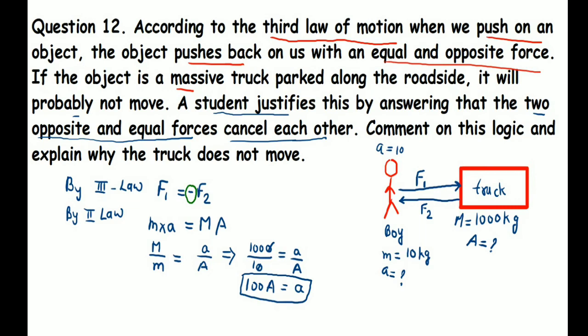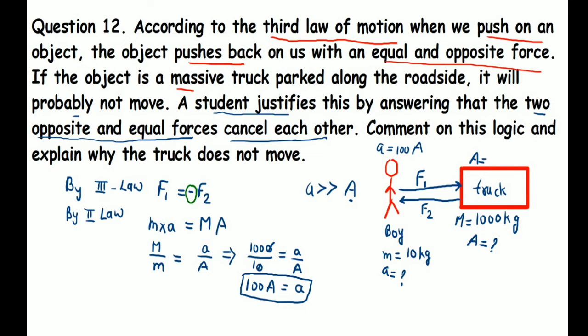So I can read this statement as: the acceleration of the boy is 100 times the acceleration of the truck. Are you getting the statement? That means small a is much greater than capital A. And if we find it for capital A, it will become capital A is equal to 0.001, which is too small.